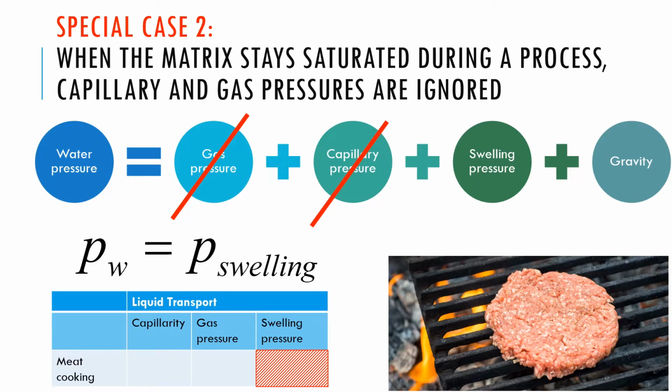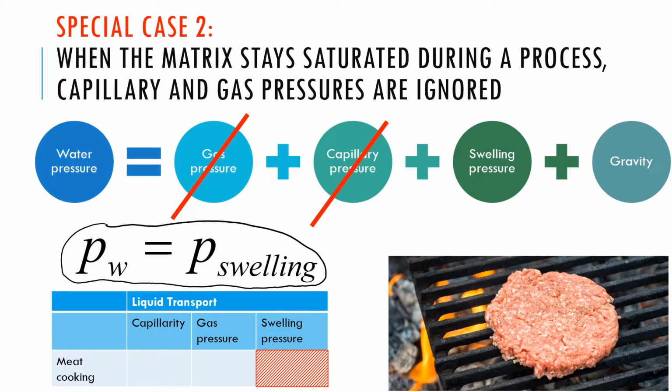And so meat cooking has been modeled using this assumption that P water, the pressure of water, is equal to the swelling pressure. So swelling pressure is the only driving force in this case, and it is almost a bit complementary to the previous one, where capillary pressure in unsaturated porous media was the primary driving force.